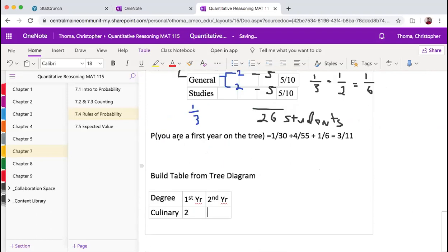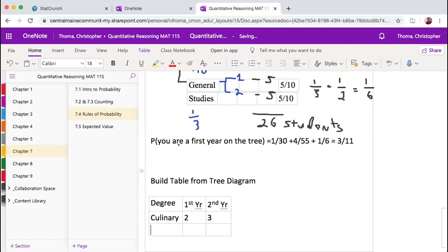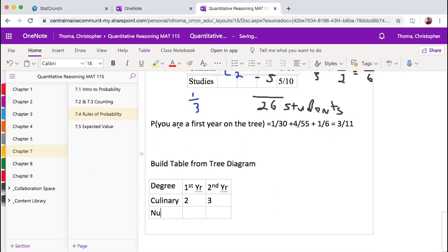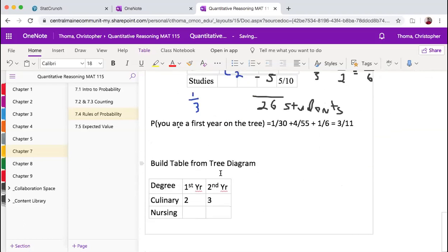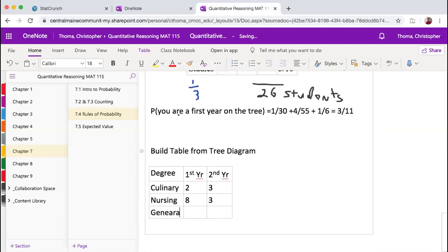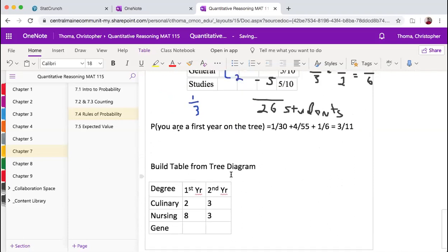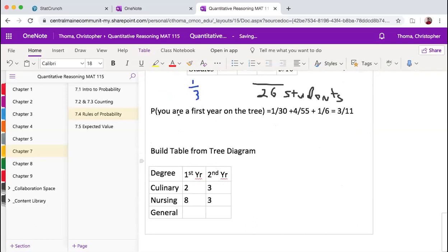So 2 and 3. And then we had nursing. I said it was 8 and 3. And then general studies, definitely not spelled that correctly. We said 5 and 5.